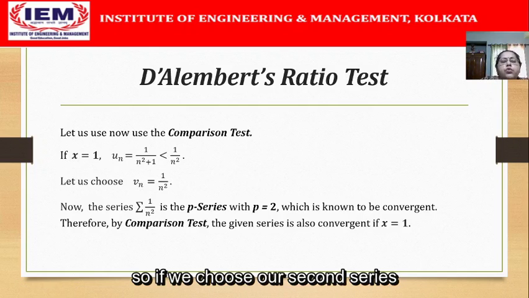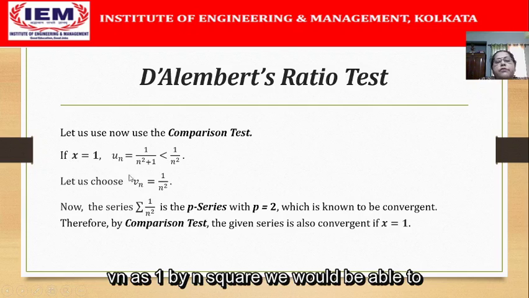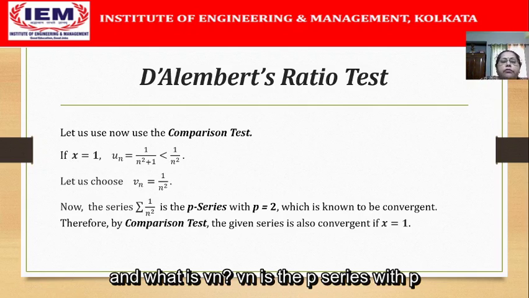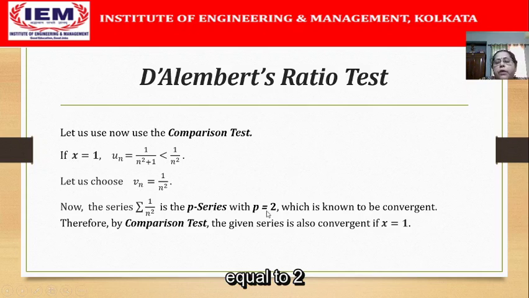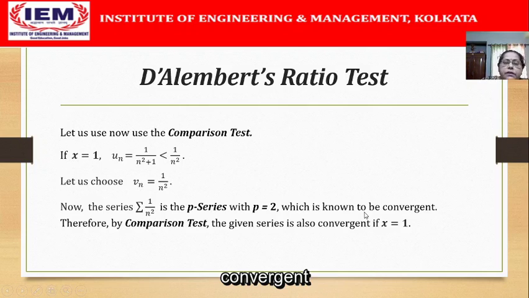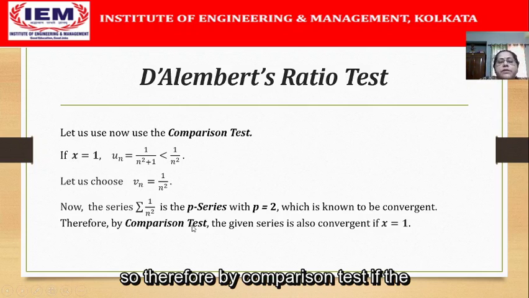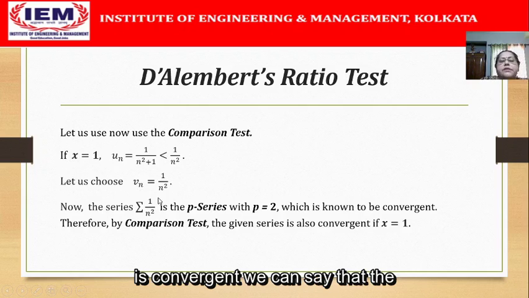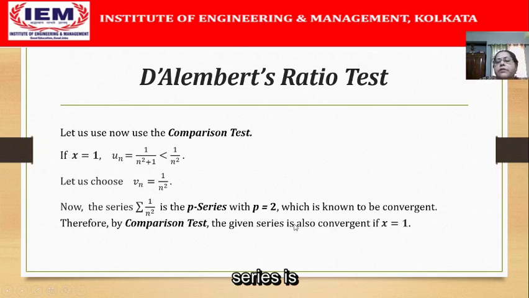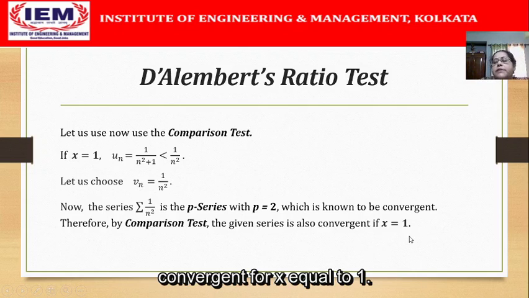So if we choose our second series Vn as 1 by n square, we would be able to tell that un is less than Vn. And what is Vn? Vn is the P series with P equal to 2, isn't it? And this is known to be convergent. So therefore, by comparison test, if the bigger series is convergent, we can say that the smaller series is also convergent. That means our given series is convergent for x equal to 1.